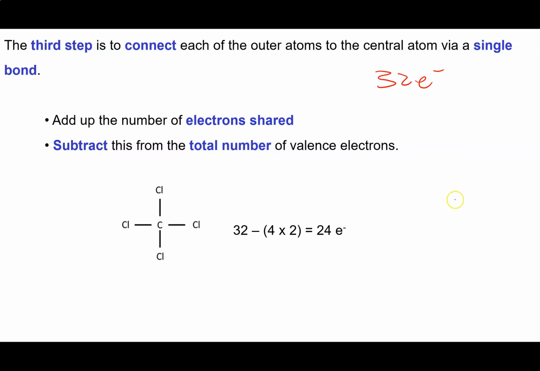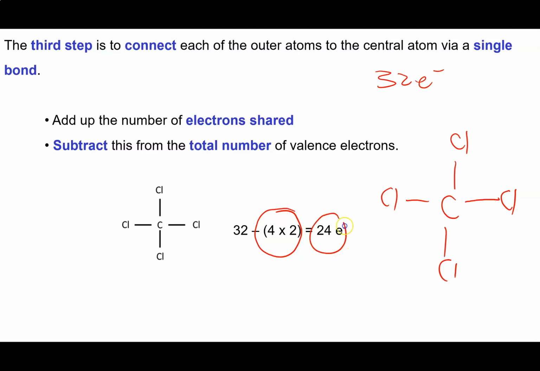So once you've got your outer atoms and your central atom identified, you can draw in single bonds, because you have to have at least single bonds tying everything together. And then the important thing to do now is you've got to subtract away 2 electrons from your total for every single bond that you draw. So now I've got 24 electrons left to finish everything off.